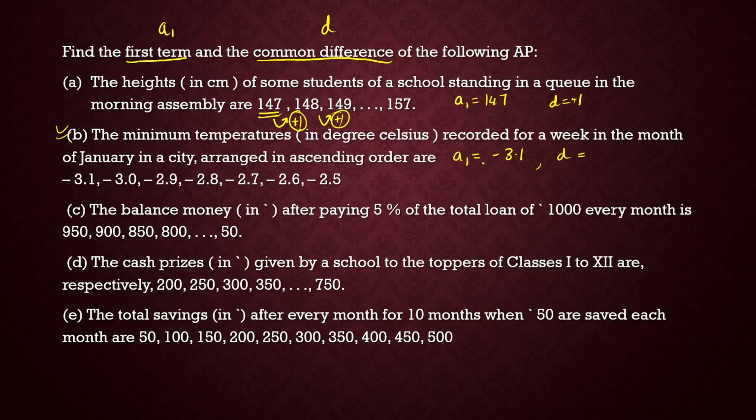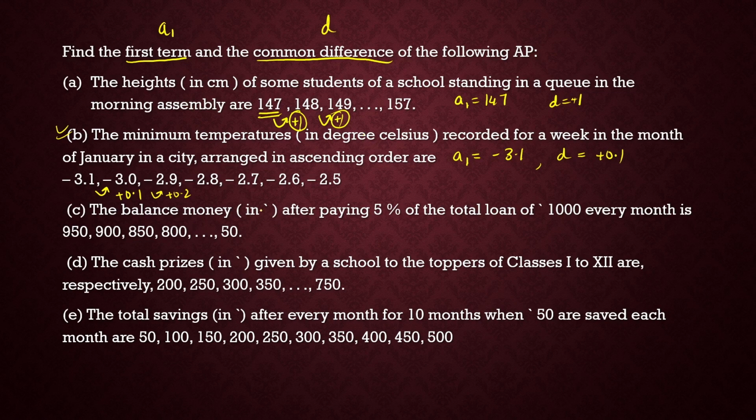Now we have to find the common difference. So how do I find the common difference? I need to find the fixed term here. Okay. So here I'm just adding 0.1. Right? If I add 0.1, then I'll get the series. So the common difference here is plus 0.1.